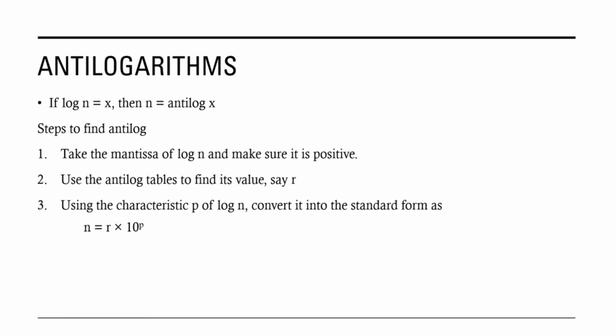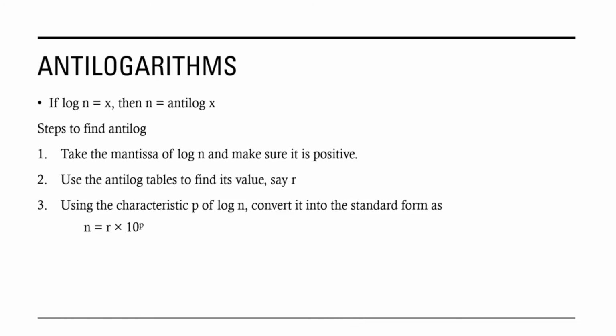Now what are the steps to find the anti-log? In the given log n, we have to take the mantissa and make sure it is positive. Then we use the anti-log tables to find the anti-log of the mantissa alone. Let us say it is r.